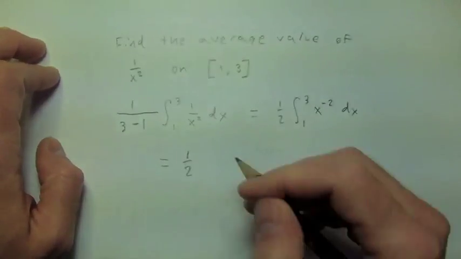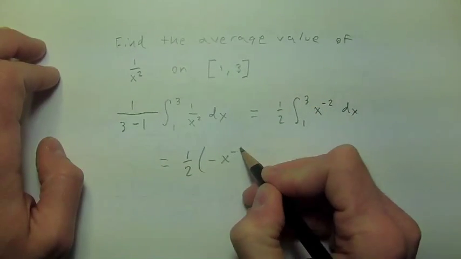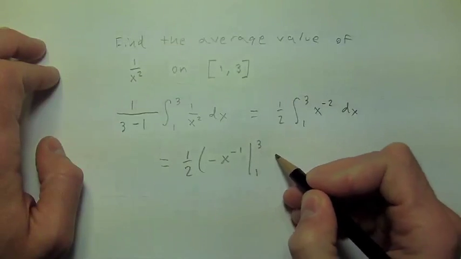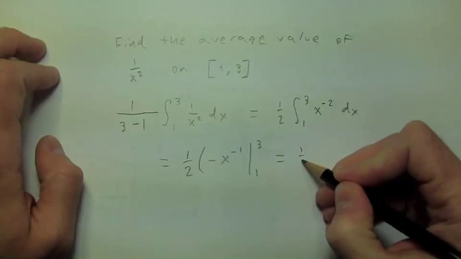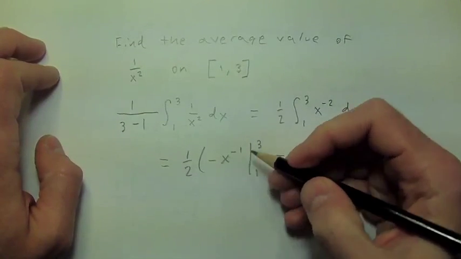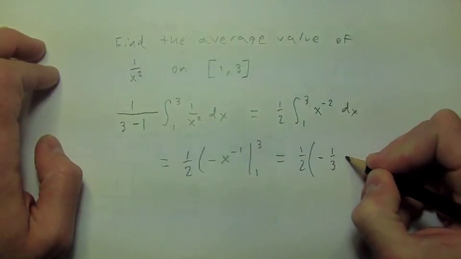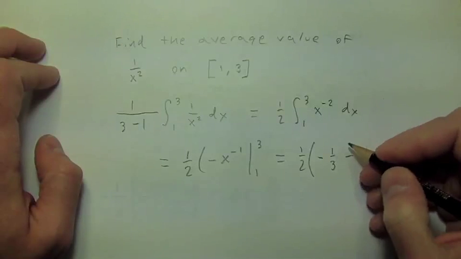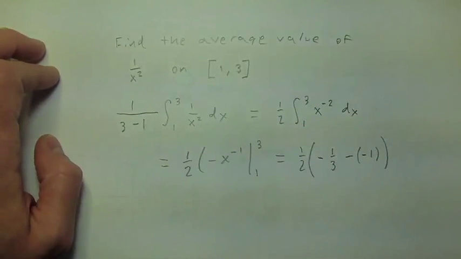It'll be 1/2 times, I'm going to integrate, so it'll be negative x to the negative 1. I'm going to evaluate this from 1 to 3. So this will be 1/2 times negative, remember this is negative 1 over x, so this is going to be 1/3 minus a negative 1.